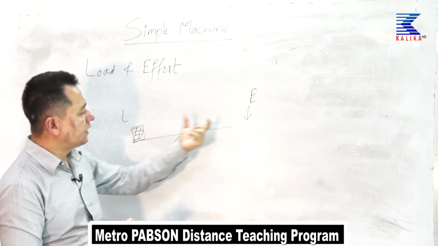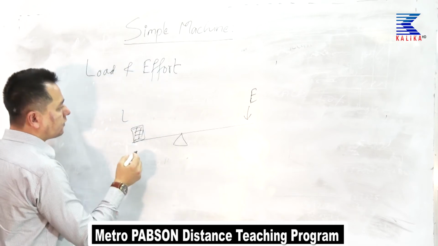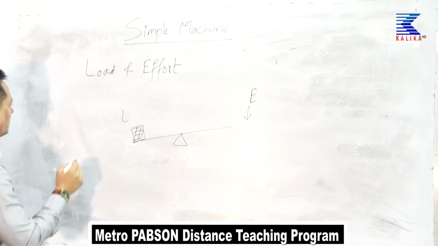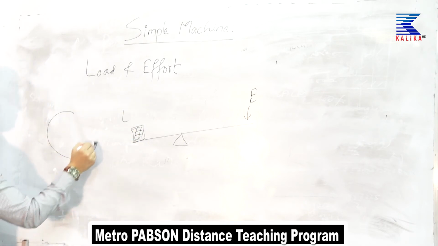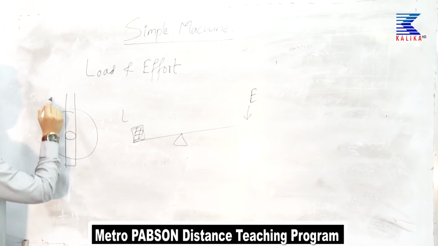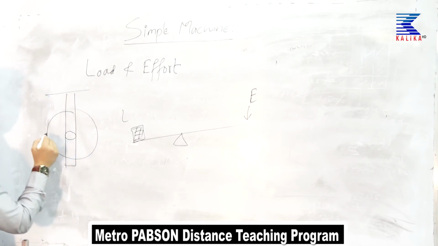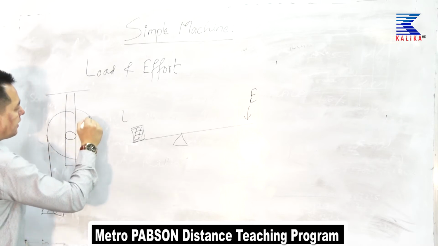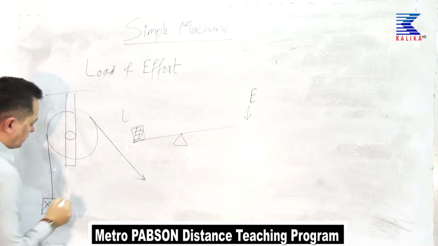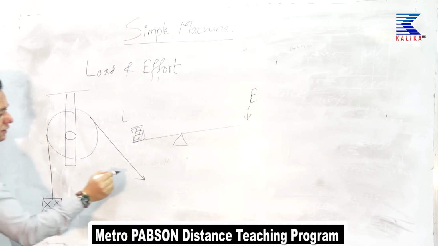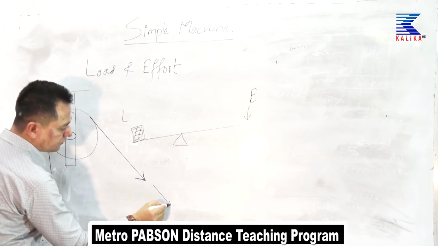Now suppose we need to lift a load up, for example, with another device, a pulley. This is a pulley, and the load is here. To pull it up to some height, we need to pull the rope down.